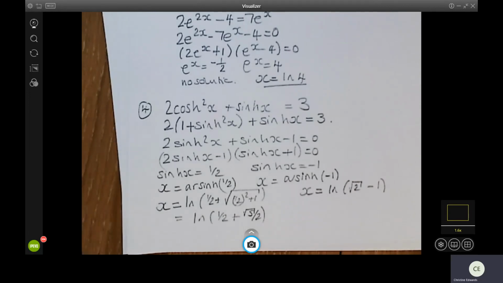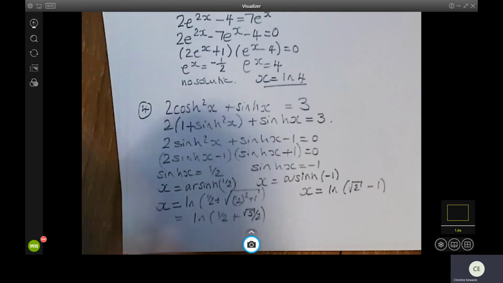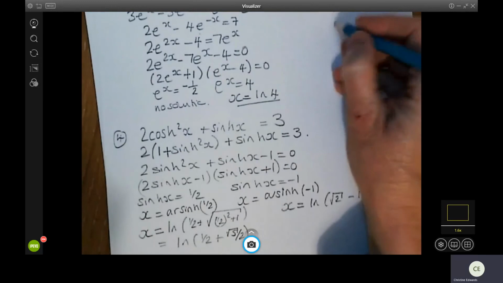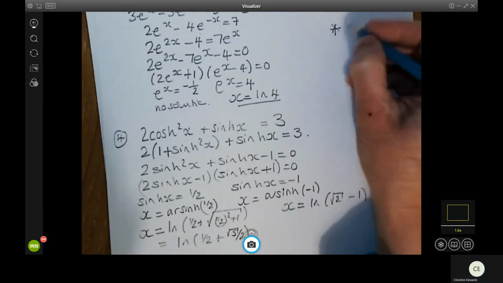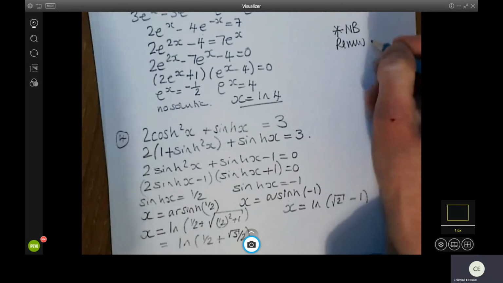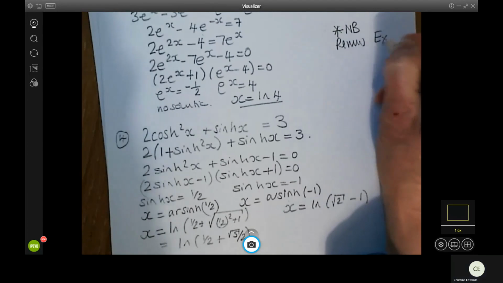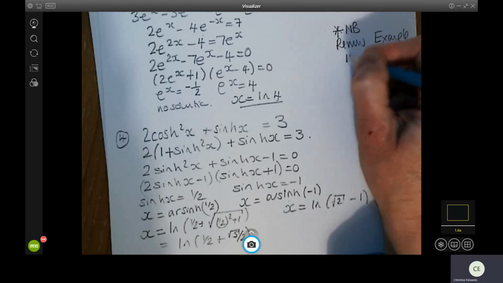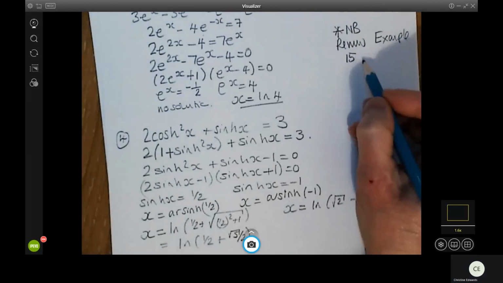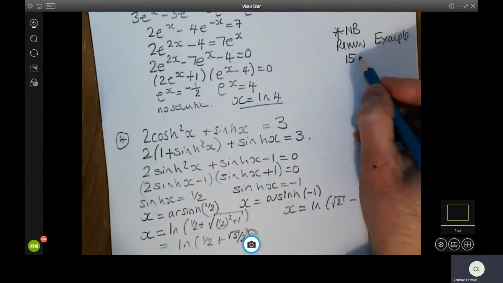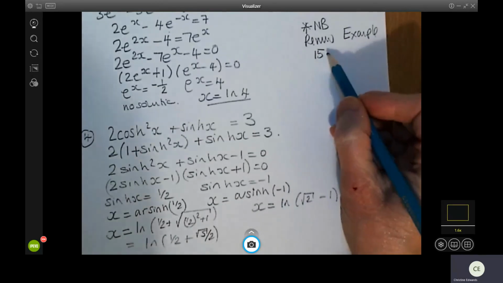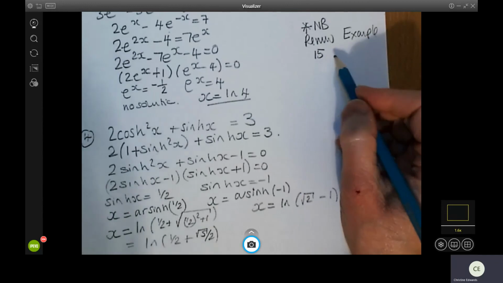One more thing where I would like you to add a note, please, onto the page. I'd like you to add a note that says to review example 15. Because example 15 solves a cosh x equation.